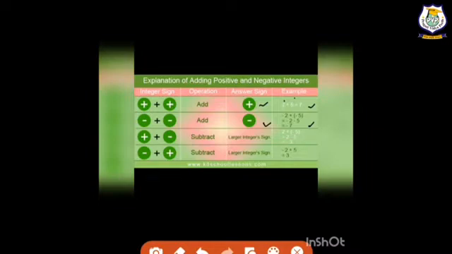Now the third rule is plus minus. Here we have to do the subtraction, because one has the positive sign and one has the negative sign, and the sign of the answer is the sign of the larger integer. It means if the positive number is larger, then the positive sign will be there. If the negative number is larger, then the answer will come with the negative sign.